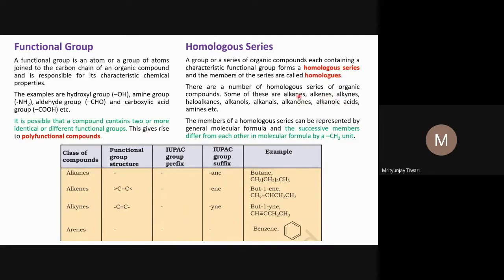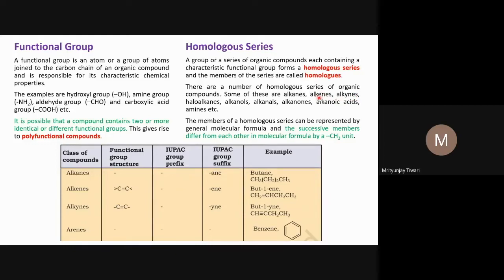Alkynes. Alkanes are hydrocarbons in which all the carbon-carbon bonds are single bonds. Alkenes have a carbon-carbon double bond. Alkynes have a carbon-carbon triple bond. If at least one carbon-carbon triple bond is there, then we call such a compound an alkyne.